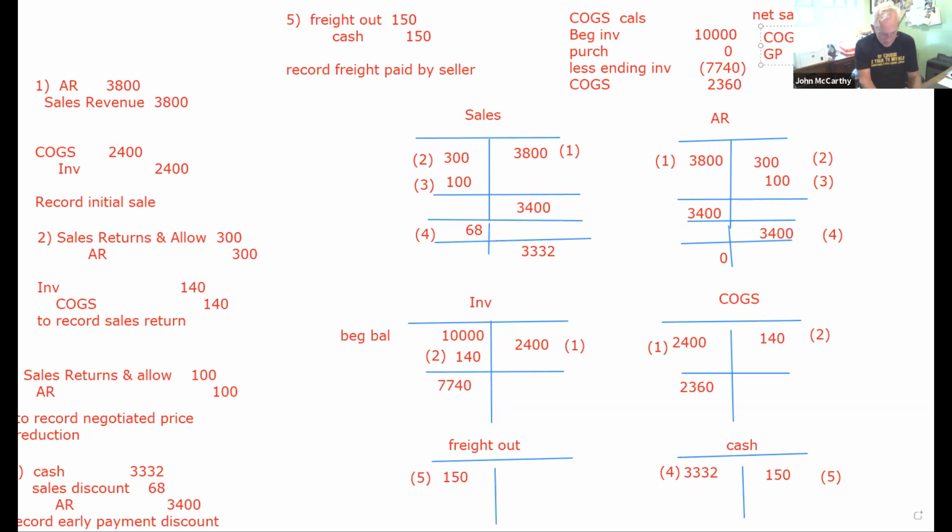And then my gross profit rate is gross profit divided by net sales, so 972 divided by 3,332 is 29.1. We'll round to 29.1. All right, and then freight out would be down in the operating expense section.